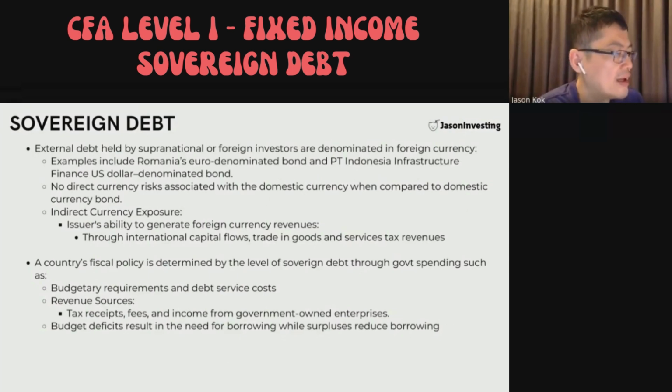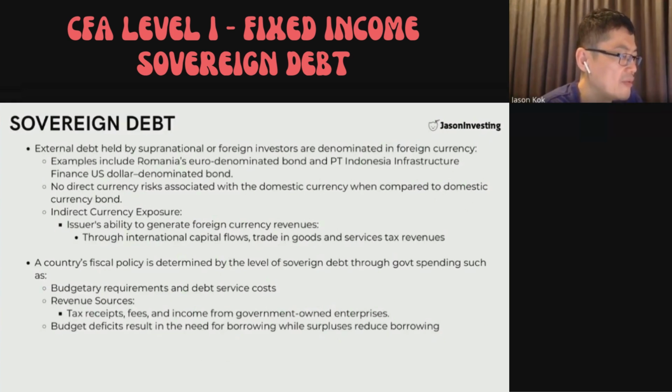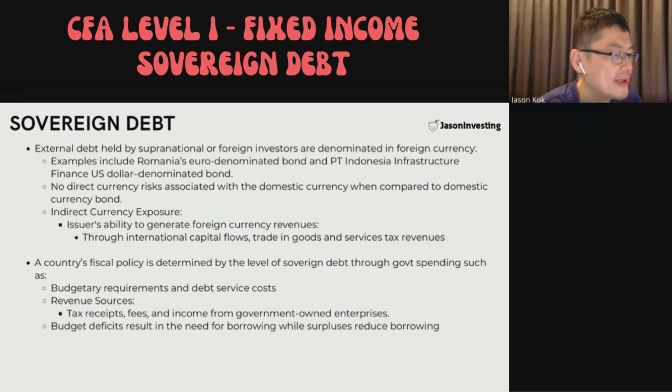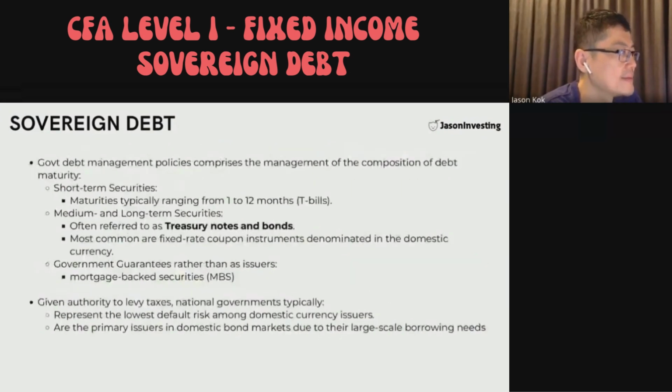Revenue sources are tax receipts, fees like the usage fees we talked about earlier, and income from government-owned enterprises. For the budget, if there is a deficit, it means spending is more than tax income or other forms of income, and they will need to borrow. Surpluses will reduce current borrowing and could be used to repay existing debt.